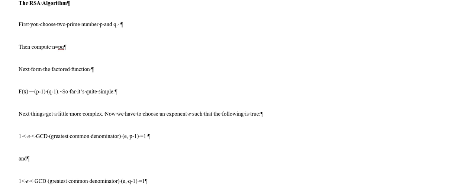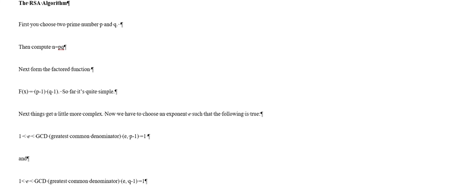Next, things get a little more complex. Now we have to choose an exponent e such that the following is true. 1 is less than e, and e is less than the greatest common divisor, hereafter GCD, of e and p minus 1, which all equals 1. So that's actually an inequality there that we're looking at.